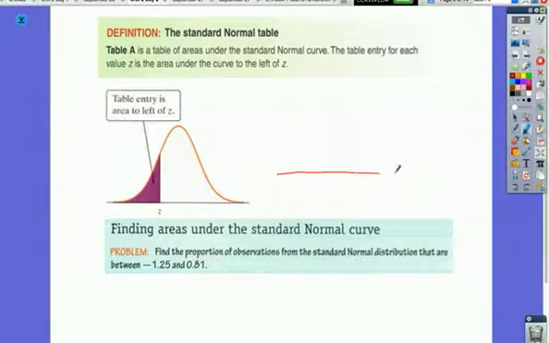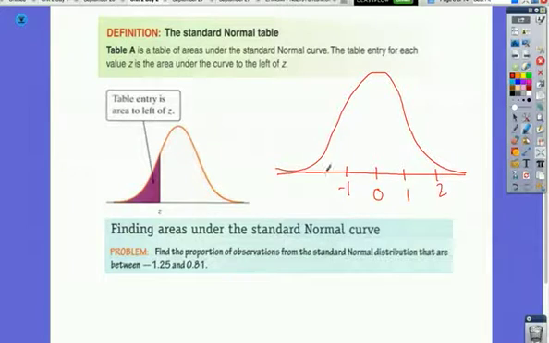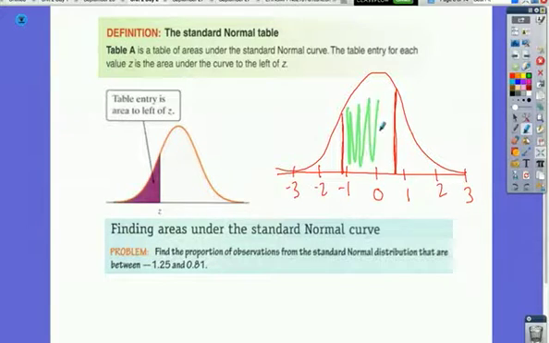So basically, if you think about that, what you have is the standard normal curve with your mean of 0 and your standard deviation of 1. So every time you go away from the mean, it's by 1. And you are trying to find the observations that fall between negative 1.25, which would be somewhere maybe in here, and 0.81, which would be maybe somewhere in here. So you are basically trying to find this area.